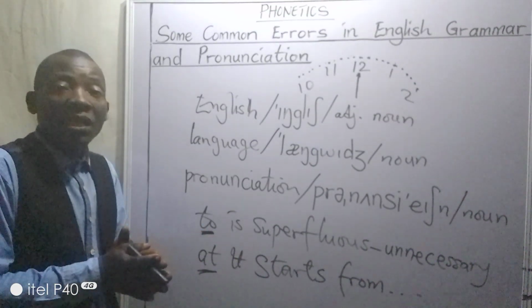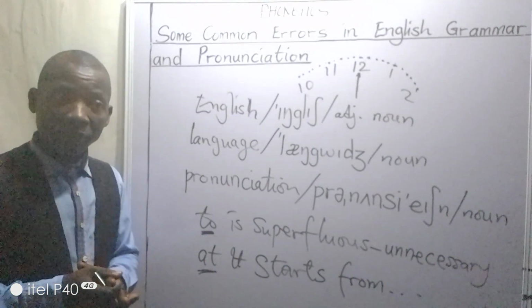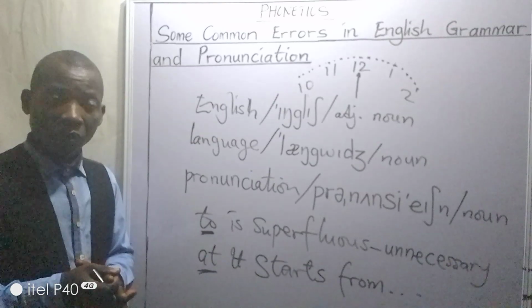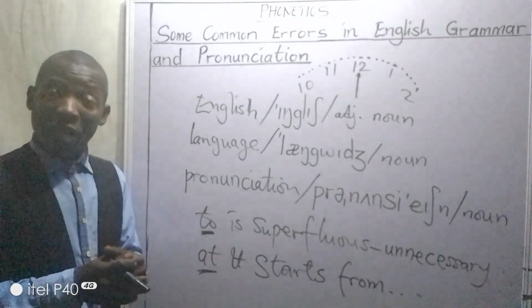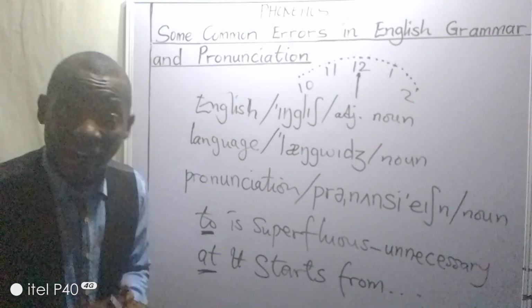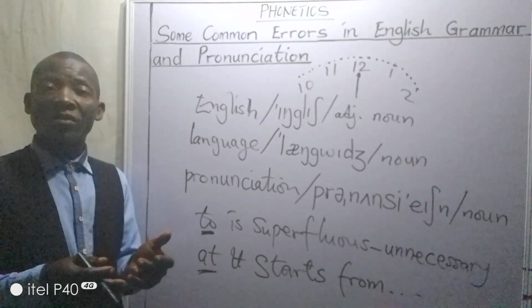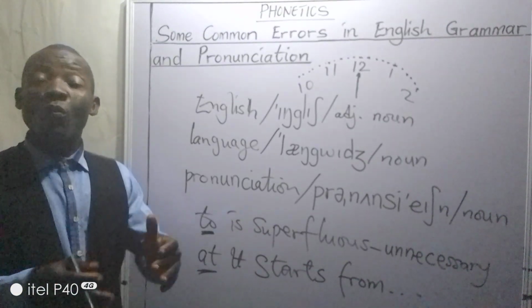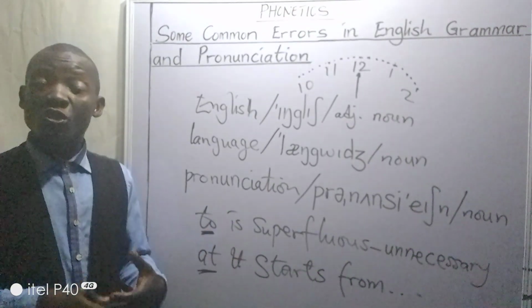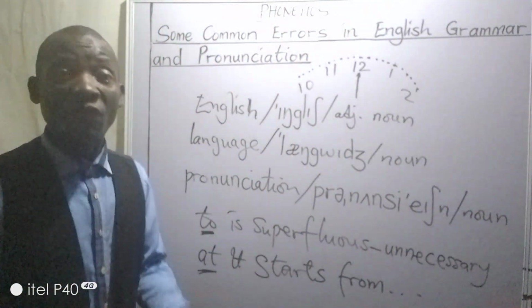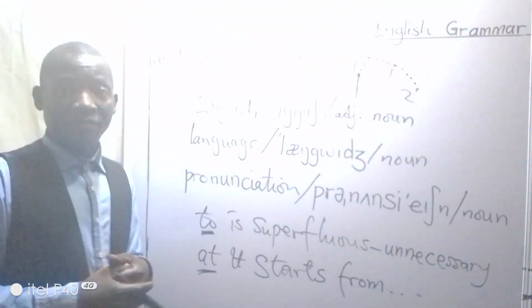The two children love each other. The two children played with each other. But the 3 children love one another. The 100 children, 200 children love one another. The 4 children love one another.